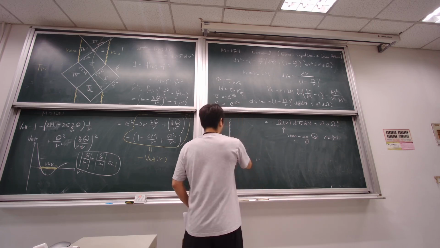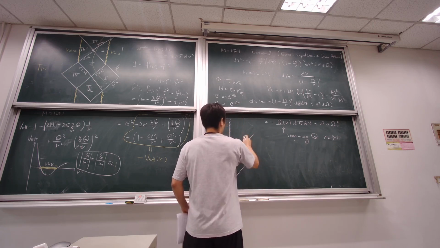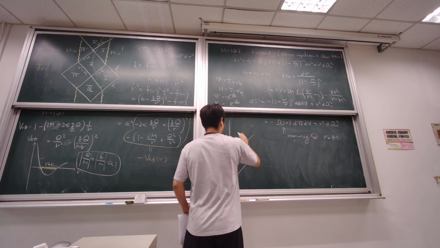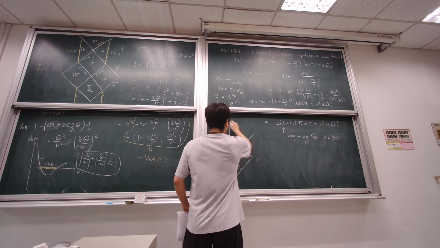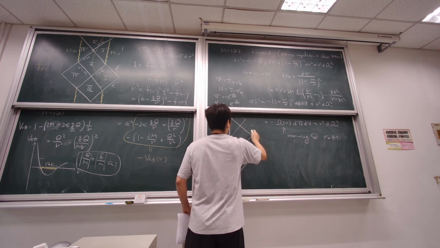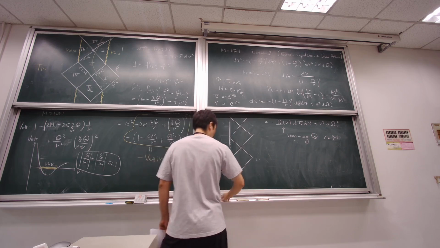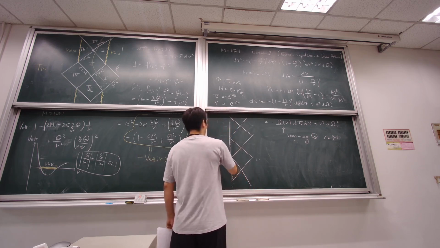So the component diagram becomes like this way. And then the horizon is always something like this, r equal to 0.